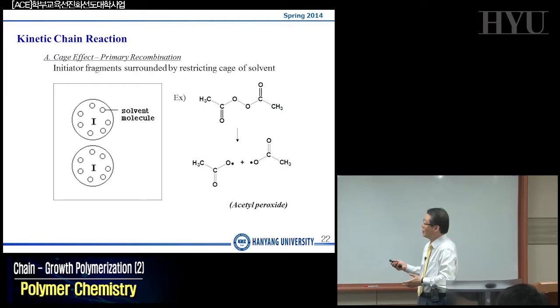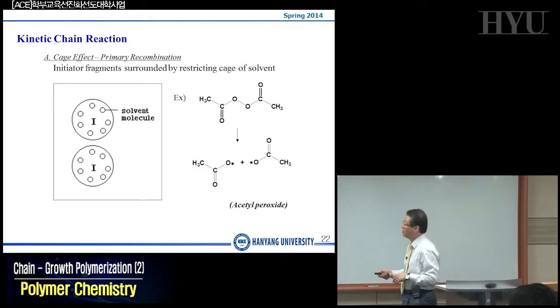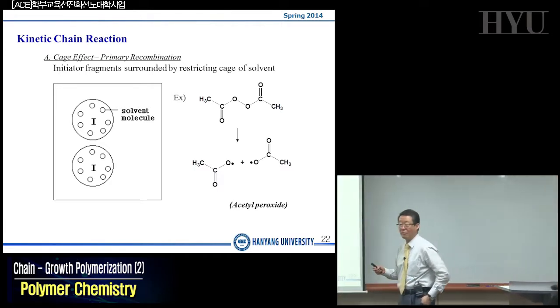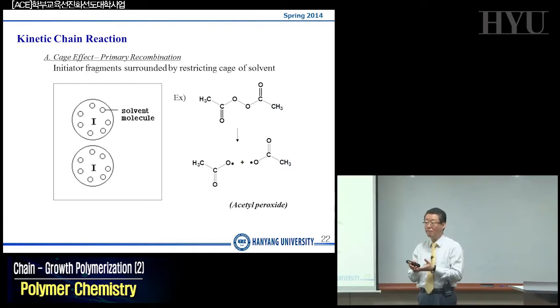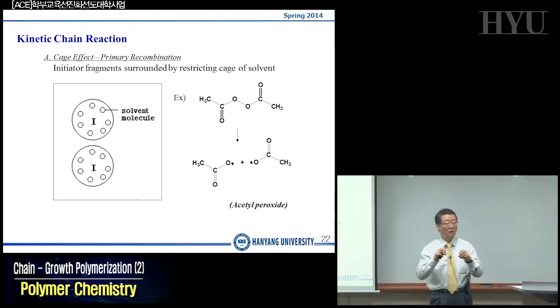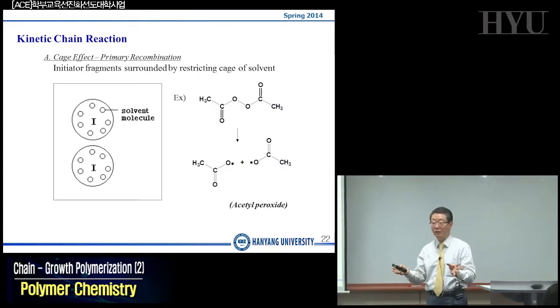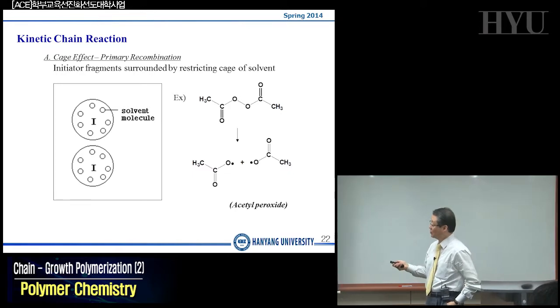Now, why do we not have 100% initiator participate in the reaction? One of the reasons is the cage effect. If you have an initiator, you usually have a monomer, an initiator, and solvents. Solvents are surrounding these initiator molecules.